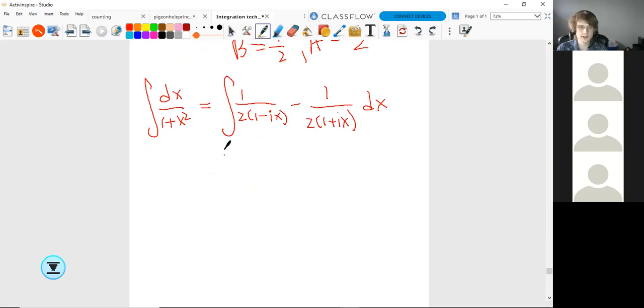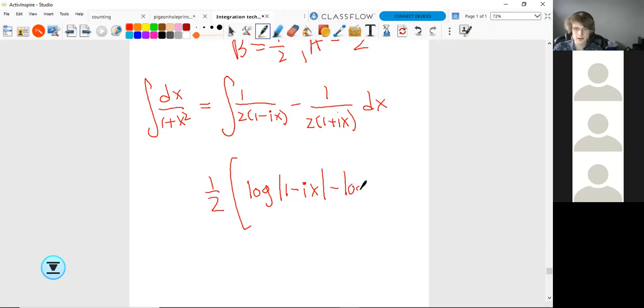So these are logarithmic integrals again. So this is 1/2 times, in parentheses, the log of the absolute value of 1 minus ix, absolute value being the complex absolute value, and minus log of the absolute value of 1 plus ix.